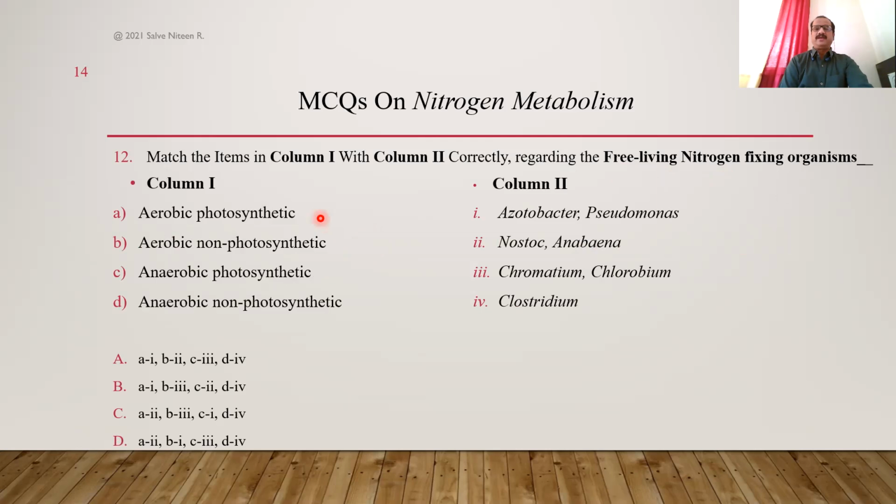Aerobic photosynthetic, Nostoc, Anabaena. So these are blue-green algae, cyanobacteria. Aerobic non-photosynthetic, here examples are Azotobacter, Pseudomonas. They are aerobic, but they are non-photosynthetic. They are chemosynthetic, chemotrophic. They are autotrophic, but they do chemosynthesis, not photosynthesis. Anaerobic photosynthetic are Chromatium, Chlorobium.